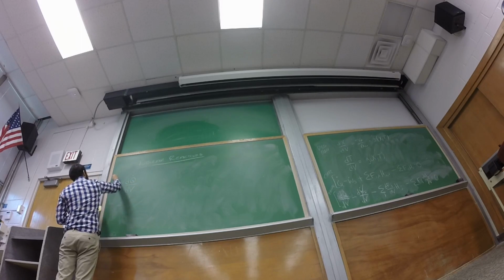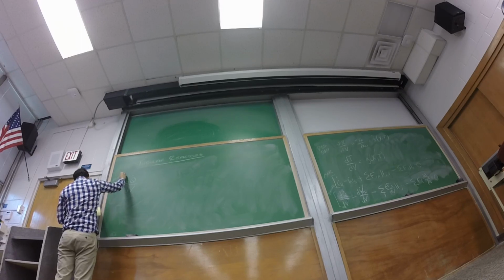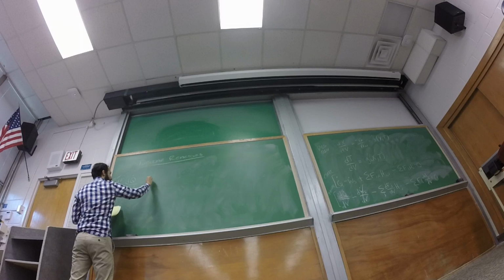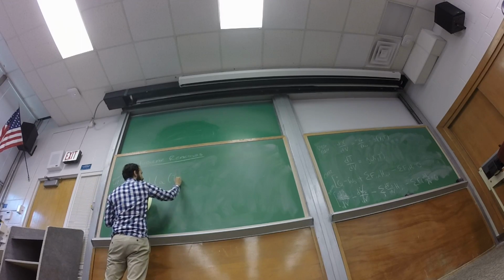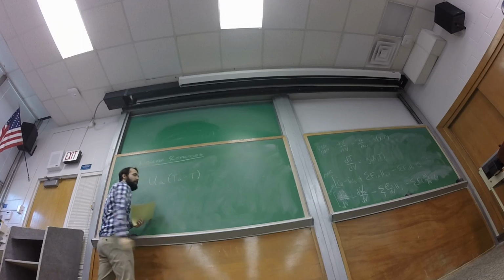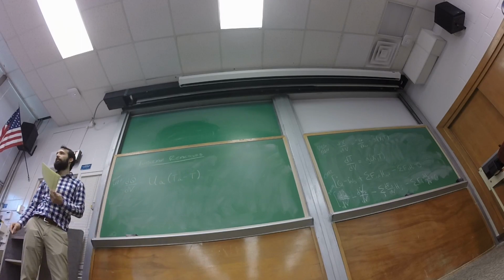Okay, so heat transfer into the system, I can write as UA times (TA minus T). Same thing that we just did, right?